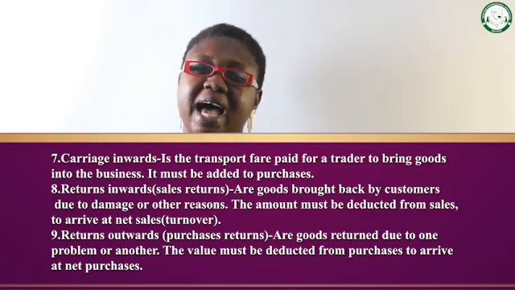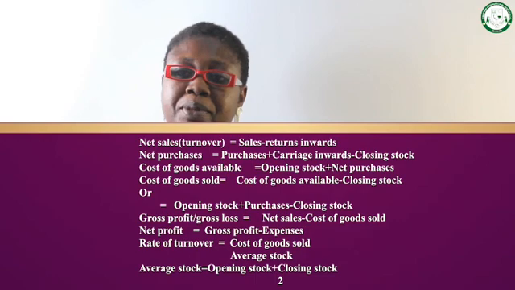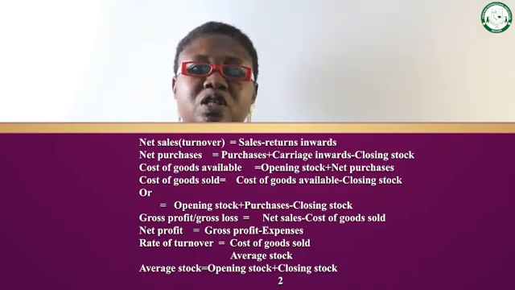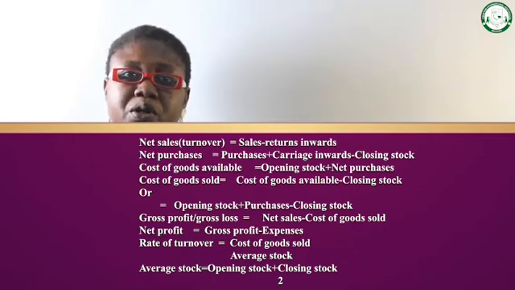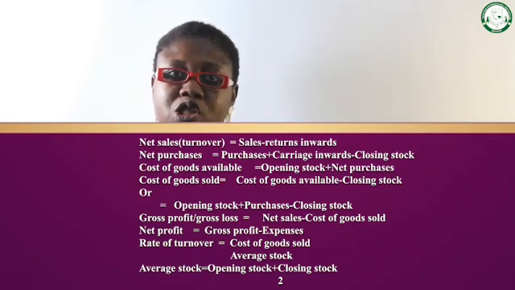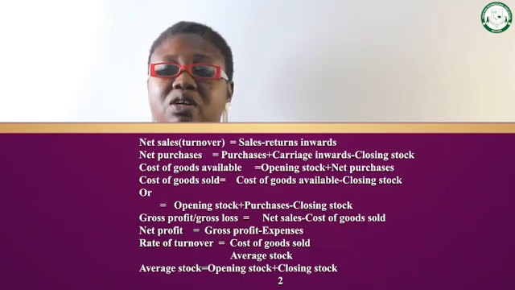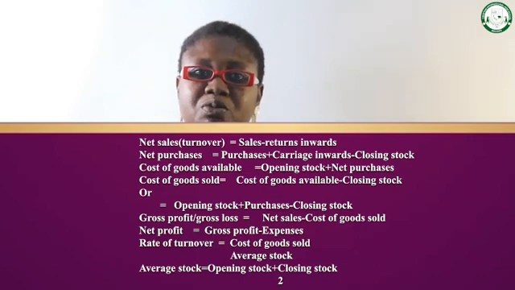The first one we have is net sales, and we know that net sales simply means turnover. The rate of sales made during an accounting period is what we refer to as turnover. Net sales, or turnover, is calculated as sales minus returns inward.